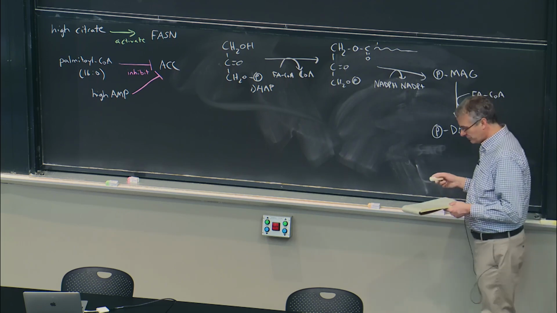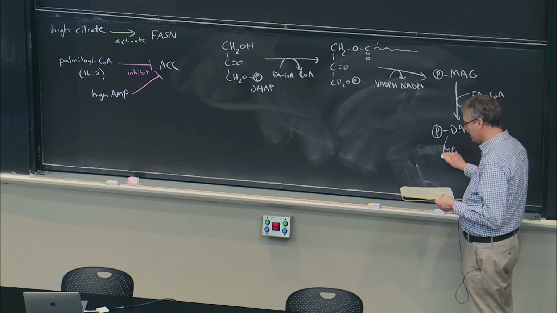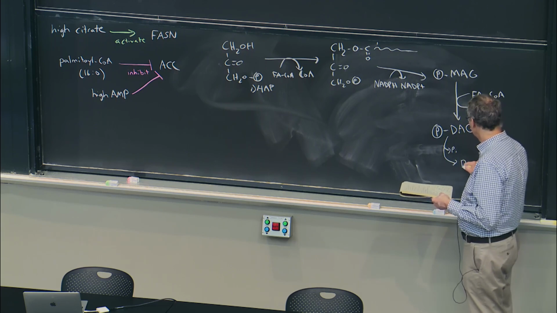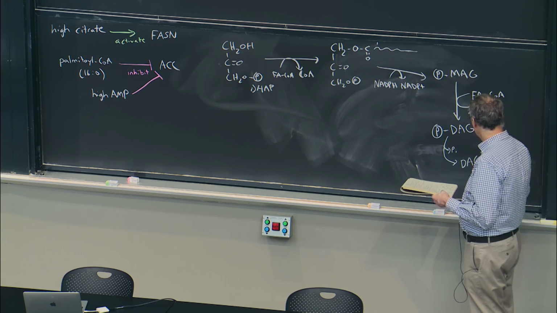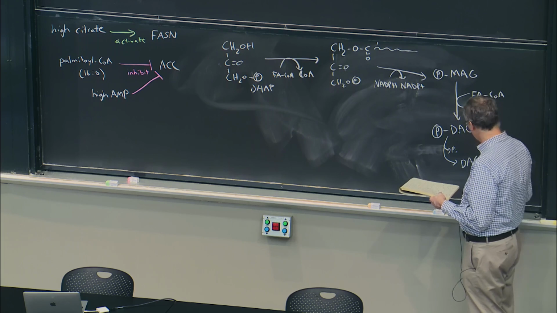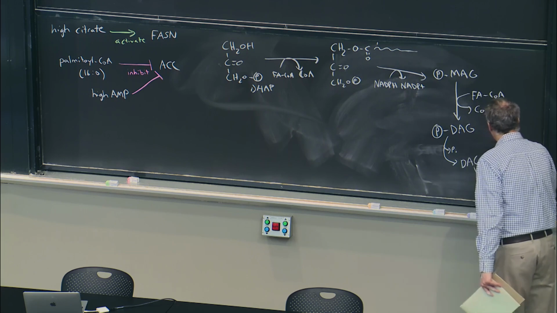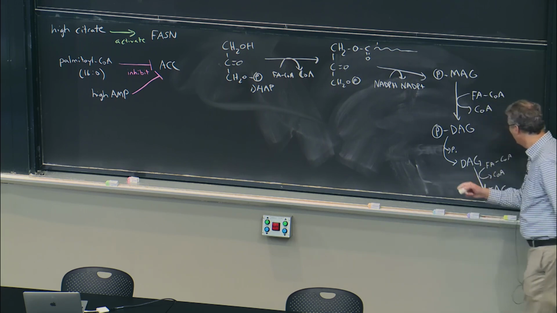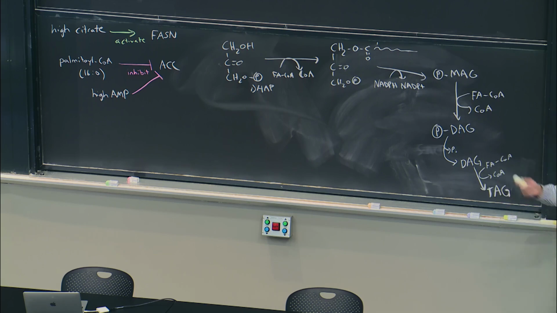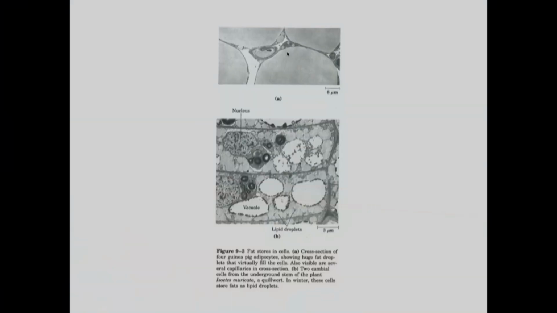And then this phosphodiacylglycerol, we can remove the phosphate to get just a diacylglycerol, and then generate a triacylglycerol by putting on a third fatty acid from a fatty acyl-CoA, releasing the CoA, and now we have this triacylglyceride, this neutral lipid that can be packed into the lipid droplet here and store energy as reduced carbon for later.